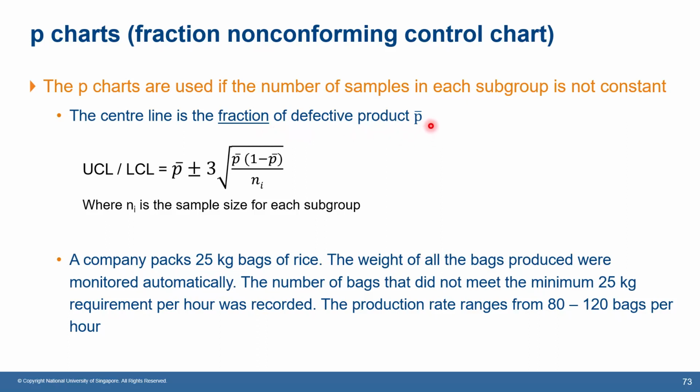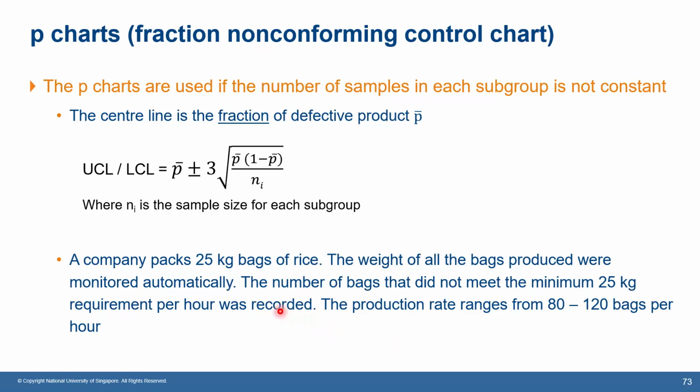So it's a p bar. And this is the equation that we'll be using. It is actually very similar to the NP chart. So let's just go straight into an example, and you'll see how this equation is applied.